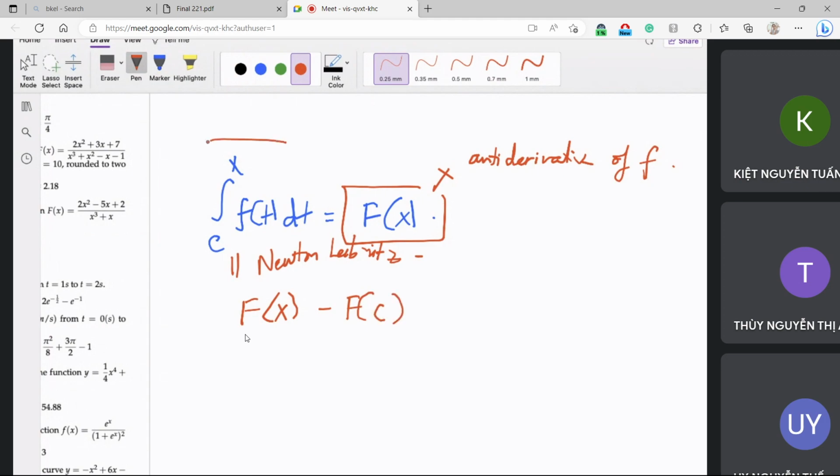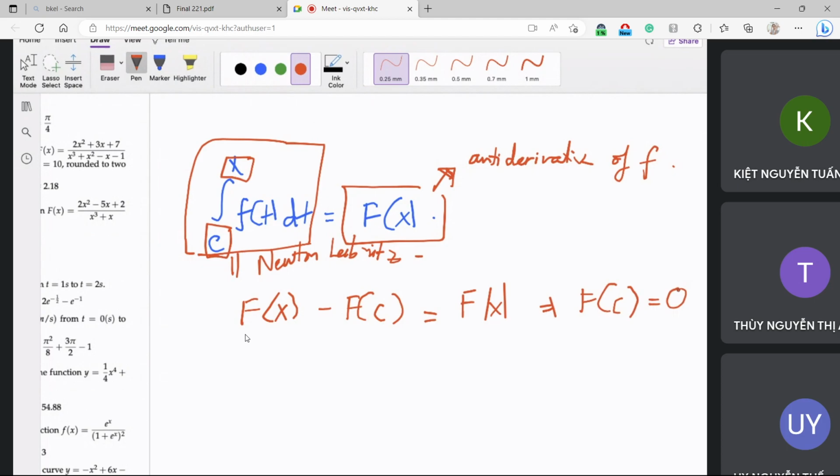To evaluate an integral, you need to find the antiderivative first, and after that you substitute at the two bounds, upper bound and lower bound. And if it equals F of x, it means that F of c must be 0. So to find c, you have to solve the equation F of c equals 0.